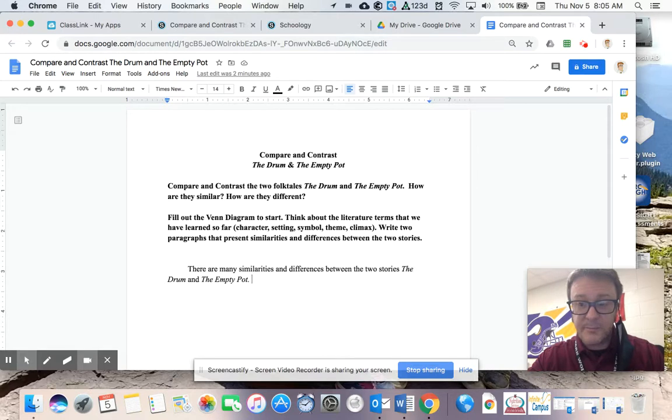So each of these characters have qualities that you would consider to be good qualities in a person. And by the end of the short stories, they are rewarded for these qualities or character traits.